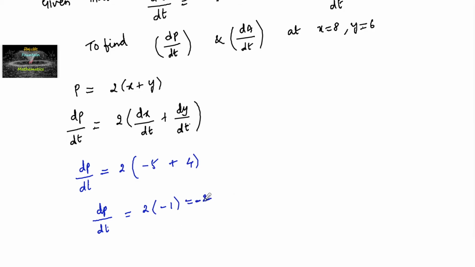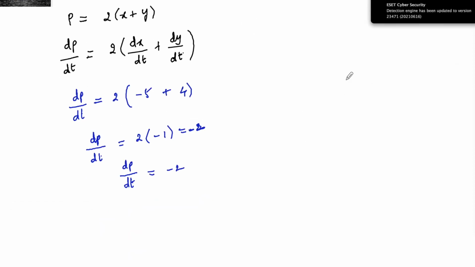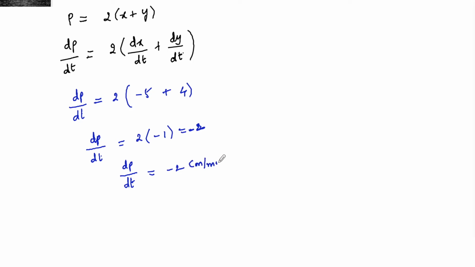So we can write minus 2 centimeter per minute. So the rate of change of perimeter is minus 2 centimeter per minute.